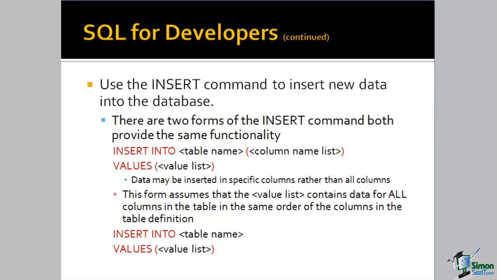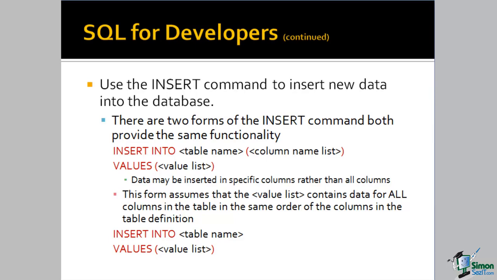Then the keyword values, and within parentheses, a comma-separated list of the values that we want to insert into the columns that we listed in the column name list. And the values must be in the same order as the columns are listed in the column list.